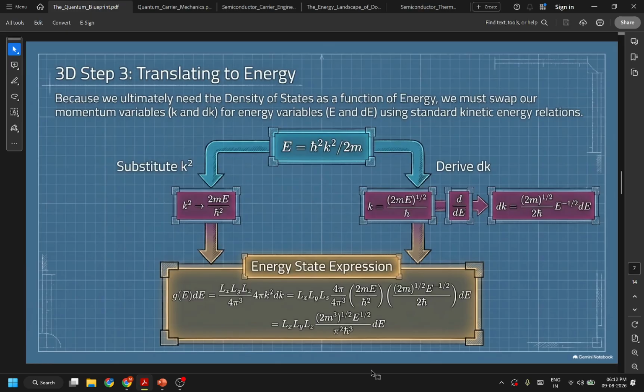Now from here we can calculate our density of states. G of E dE is Lx Ly Lz by 4 pi cubed times 4 pi k squared dk, which gives us Lx Ly Lz (2m) to the power 3/2, E to the power half, by pi squared h bar cubed dE.